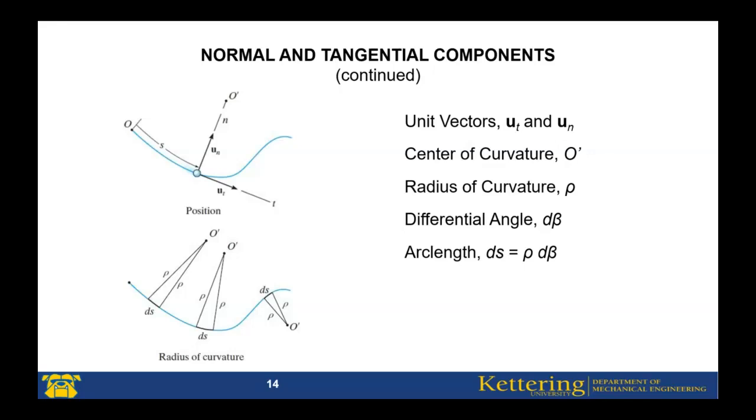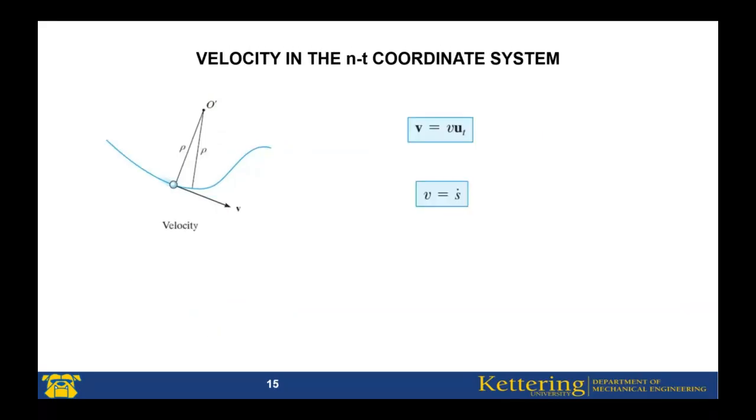Then I want to find the velocity in this coordinate system. At this point, you know the velocity is tangent to the path. If you watch the video I posted for you, I showed you the velocity is tangent to the path for any type of motion, rectilinear or curvilinear. The direction will not change.